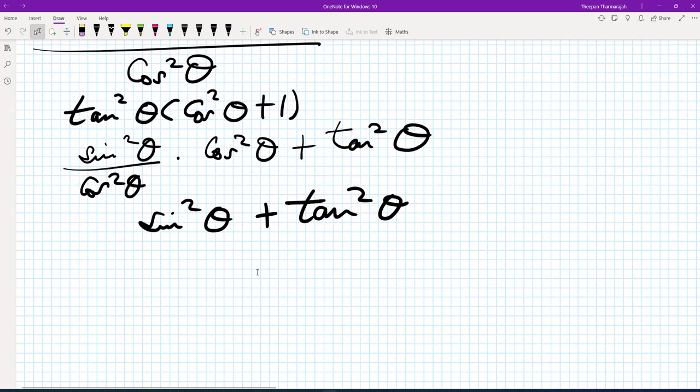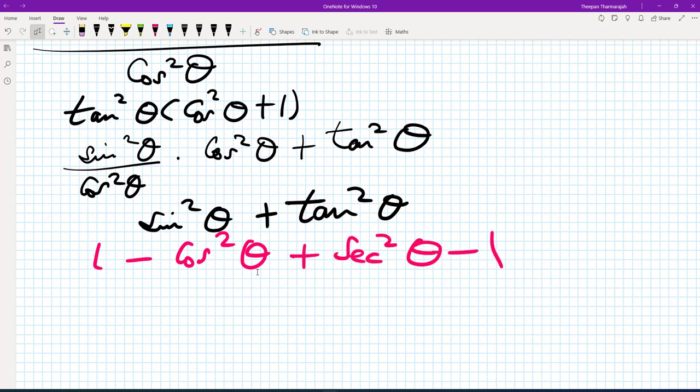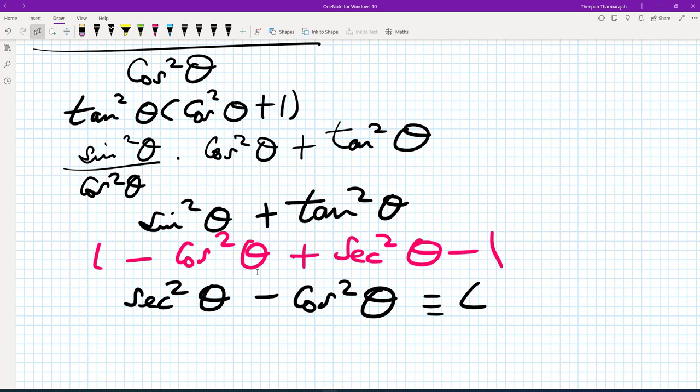Well, we could write this or change it to be 1 minus cos squared theta. That's the same thing as sec squared theta minus 1, and we get the result that they want. Sec squared theta minus cos squared theta, which is the left hand side.